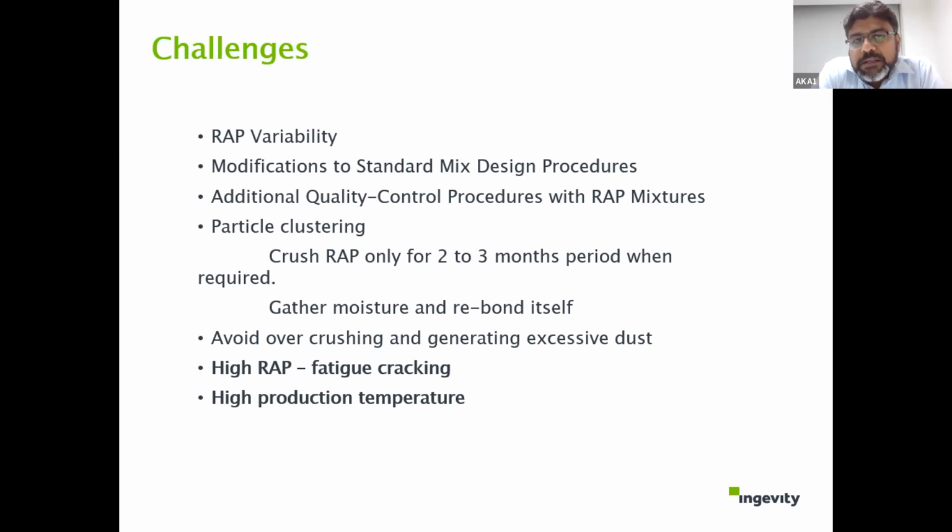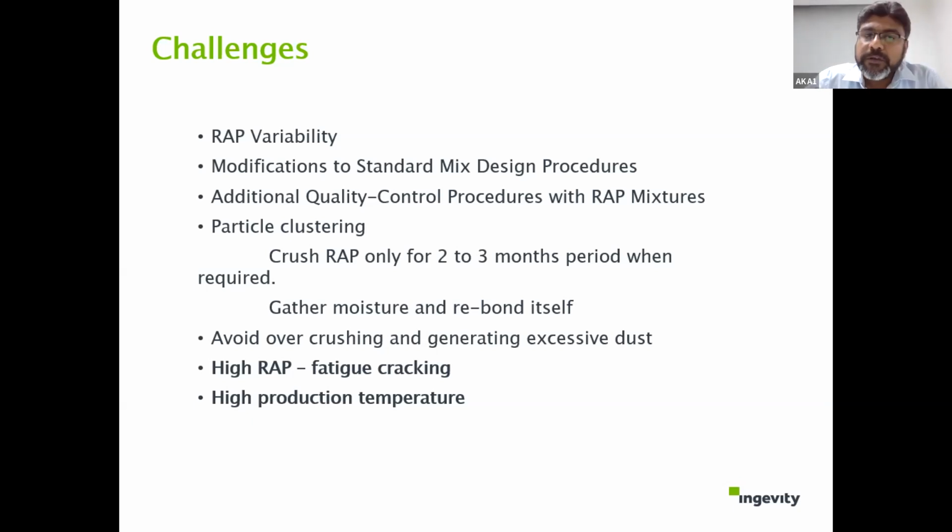A road typically has a lot of patches, and the gradations of the patches are completely different. When you do a patch, we use very fine aggregates, the quality and material are different, and the binder was different from what they used before. Again, there may be a lot of overlays of 30 mm, 40 mm, and things like that. So RAP variability is a major challenge from our perspective.